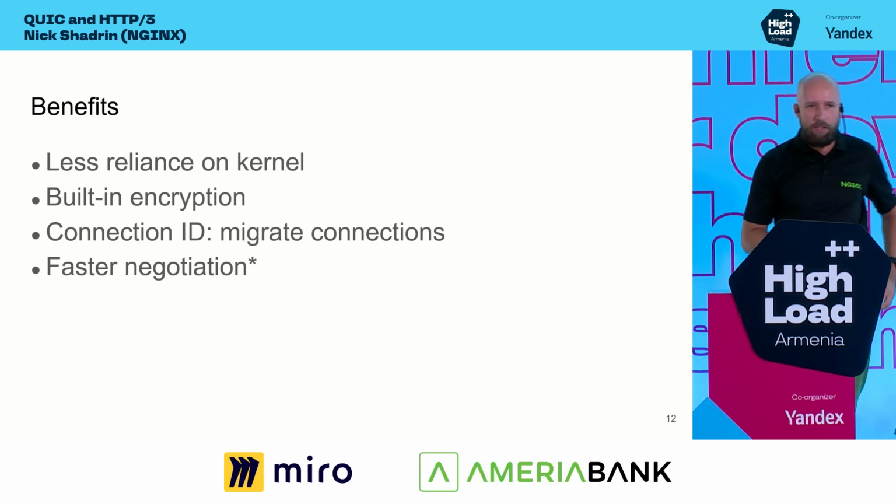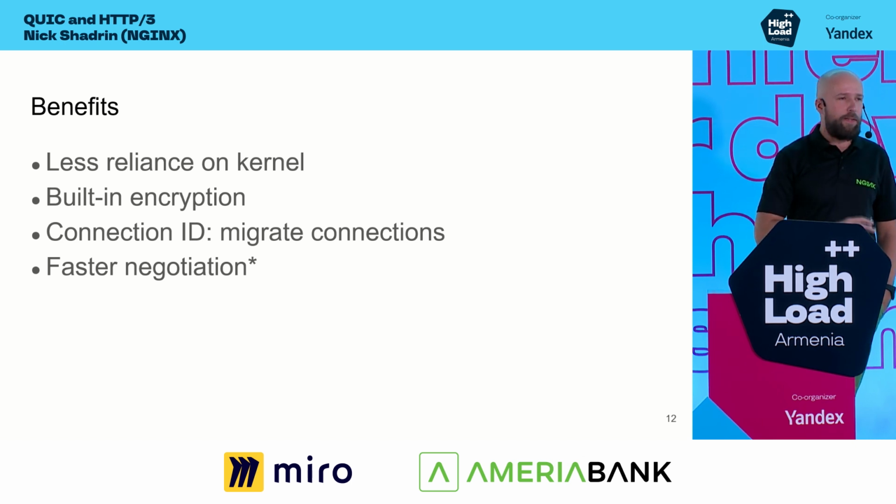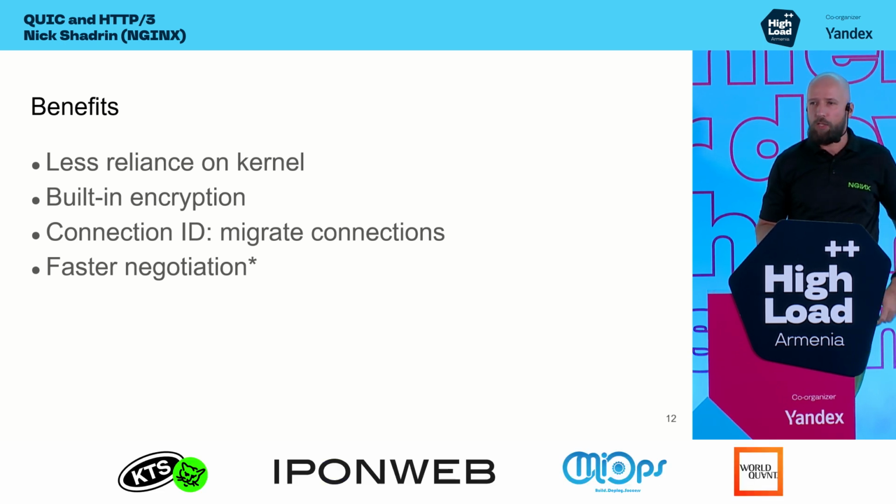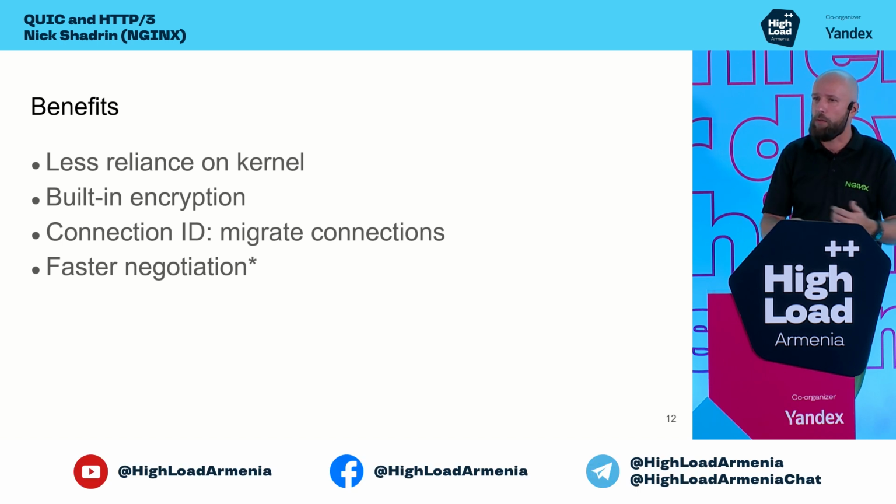That basically means, in the most theoretical terms, if I'm taking this phone and I'm trying to access a web page, some of my traffic might go through my 5G connection, some of it might go through Wi-Fi, and maybe I'm walking around and changing my IP addresses all the time.